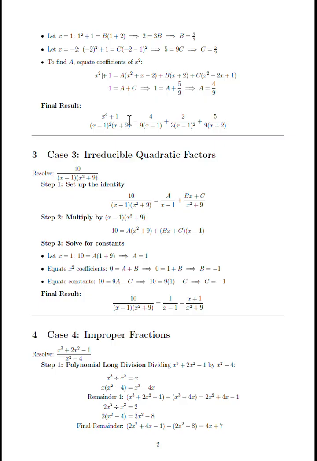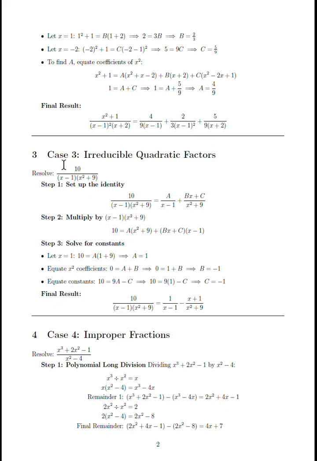So a is 4 over 9. We'll divide it by x minus 1, plus b, we got 2 over 3, into x minus 1 squared, plus c, which is 5 over 9 divided by x plus 2.